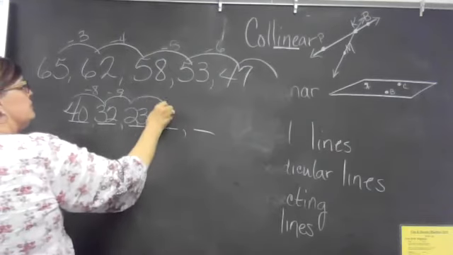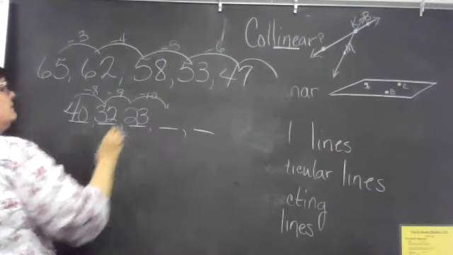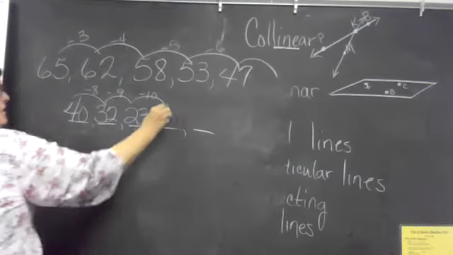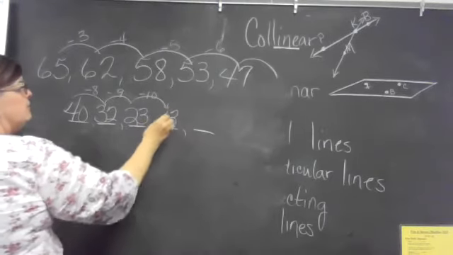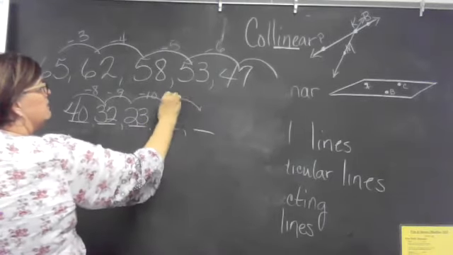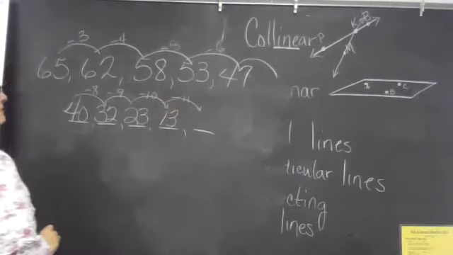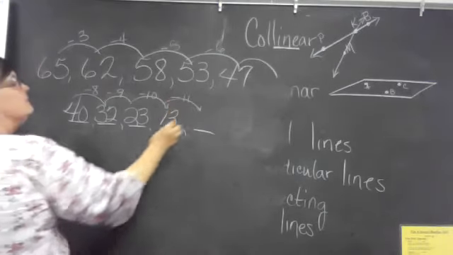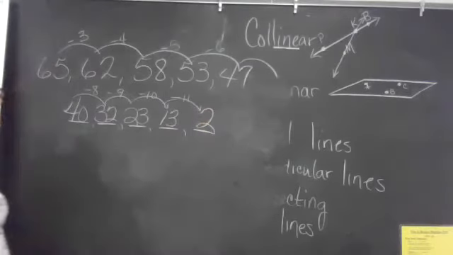Then 13, this one, minus 10, 13. Good. And then 2, minus 11, 2. Good job. Do y'all see how this is working?